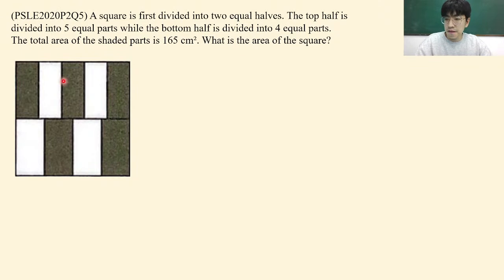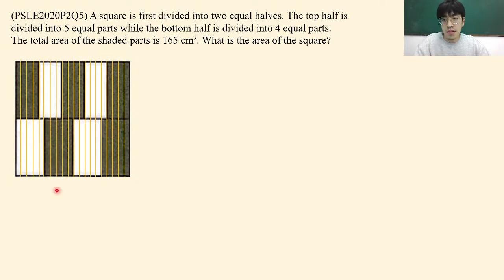So let me try to first dissect this square into 20 parts, which I'll draw some lines. So that now if you look at the top half, we have 4 units, 4 units, 4 units, 4 units, 4 units, so a total of 20 units, and at the bottom we also have 20 units.